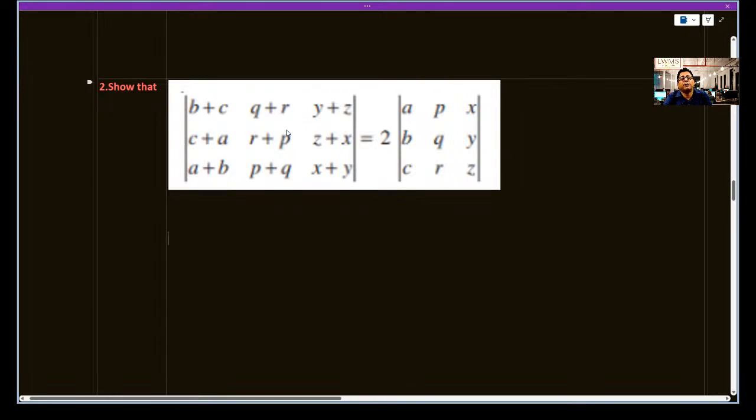Look at the board. You have to prove that this thing is equal to this thing. b plus c, q plus r, y plus z, these are all common sums given in most of the books. You'll find this kind of thing. I will show you step by step, using those properties, how to get LHS to RHS.